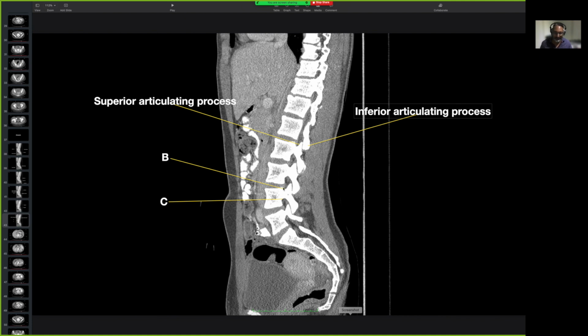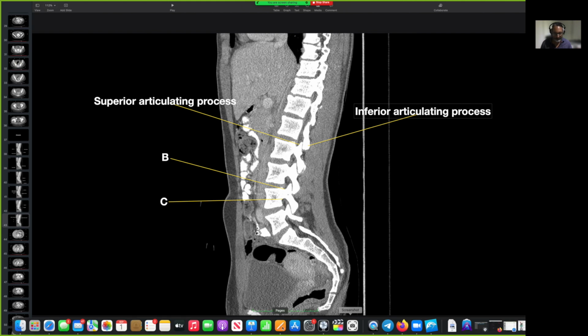Well, let's try. Oh yeah, you've got the PDF for this. That is B and that is C. Now I'm forgetting what they are too.